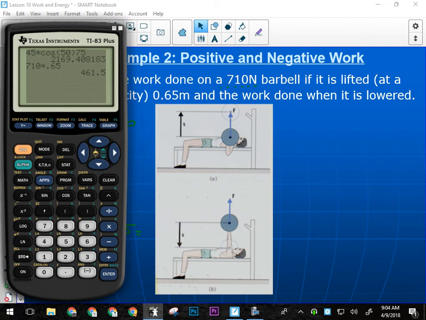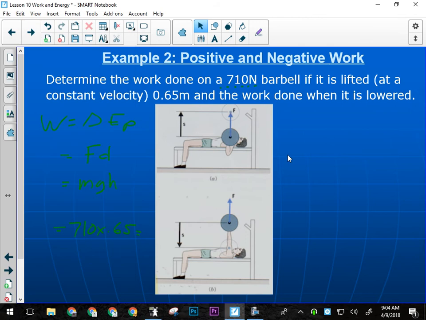Okay, all right. So I now have this 710 Newton barbell at arm's length above me. Now I want to lower it back down. Now, if you're like so many people who I watch work out, you have no idea how to properly work out. They do all this work in lifting the barbell, and then they just let the barbell come down really, really fast.